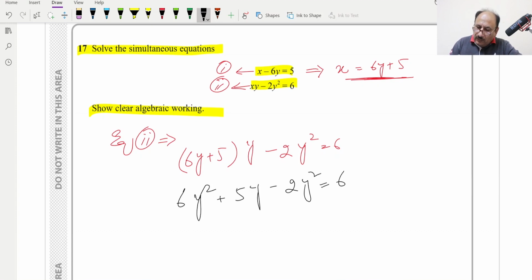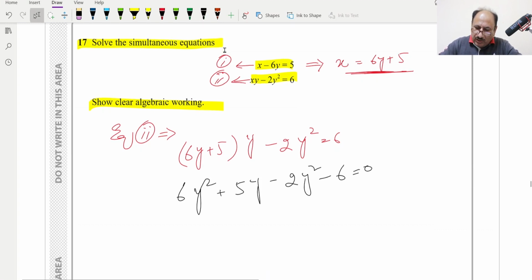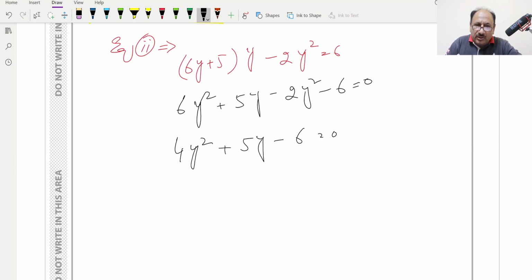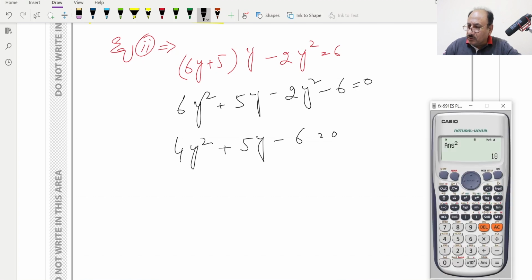We can shift, basically we can write minus 6 is equal to 0. Now we can add the like terms, 6y square and minus 2y square, it means 4y squared, and plus 5y minus 6 is equal to 0. This will be the quadratic equation which we can use a calculator to solve.